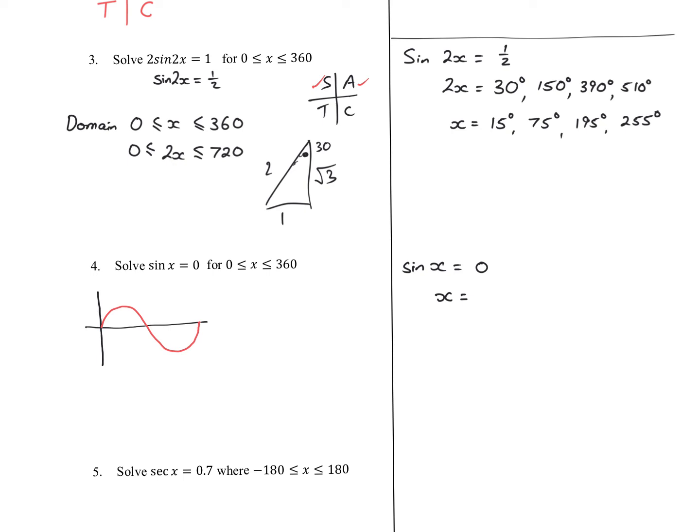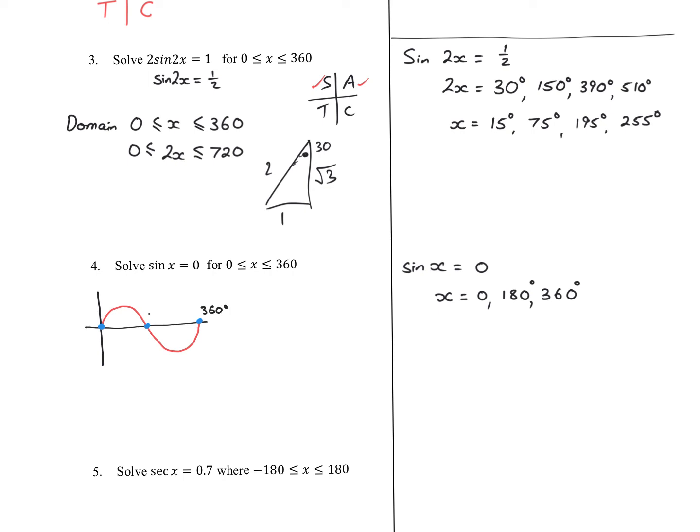It's equal to 0 here, and there, and there. What angles would they be? 0, 180, 360.